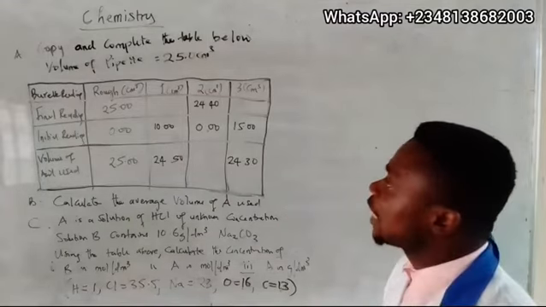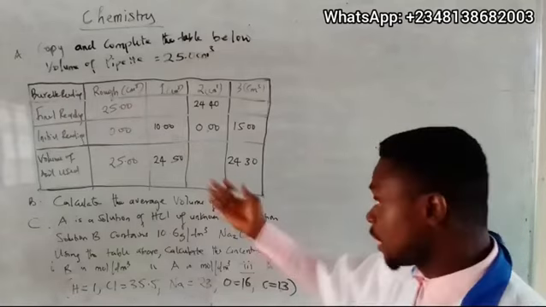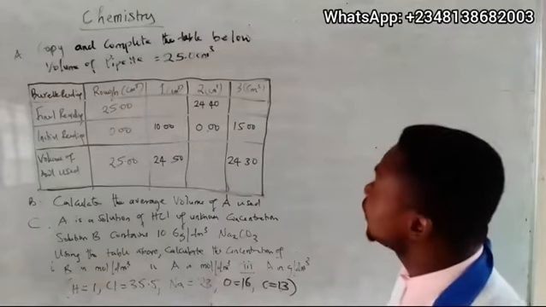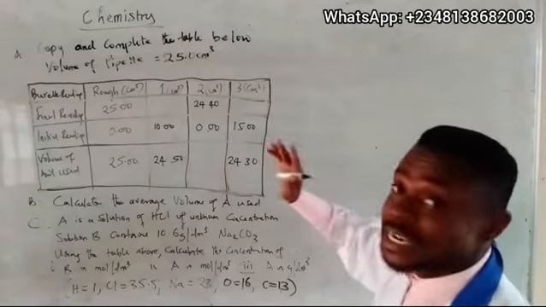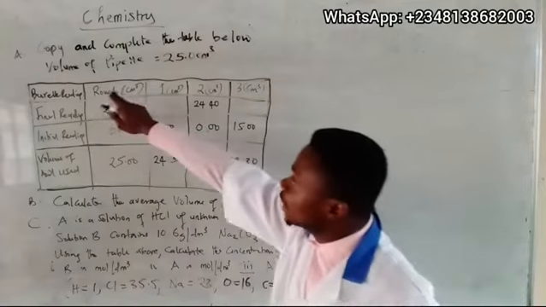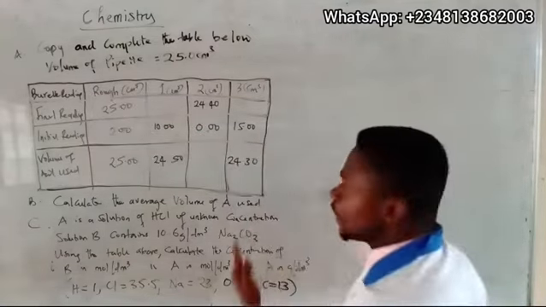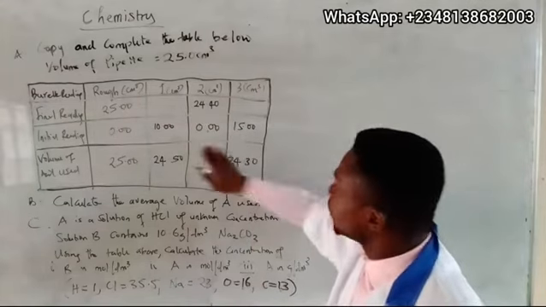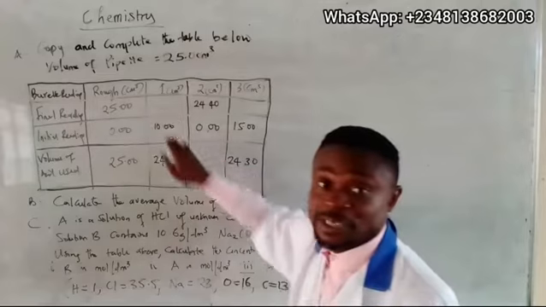This question is titration. We all know that. It's titration. And this is the reading. Actually, in exam condition, you are supposed to answer this A part, you should copy the table, then fill in the spaces. But for the purpose of this class, let's just fill in the table directly.